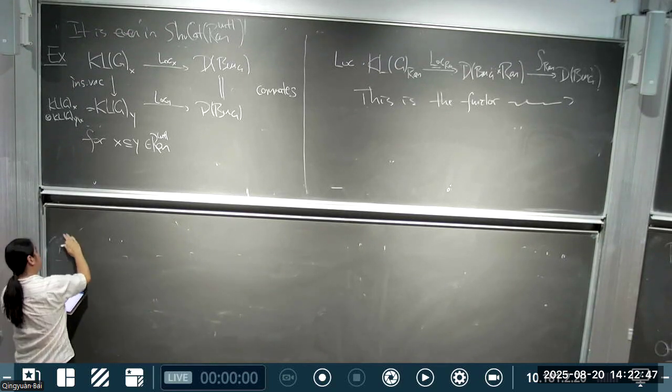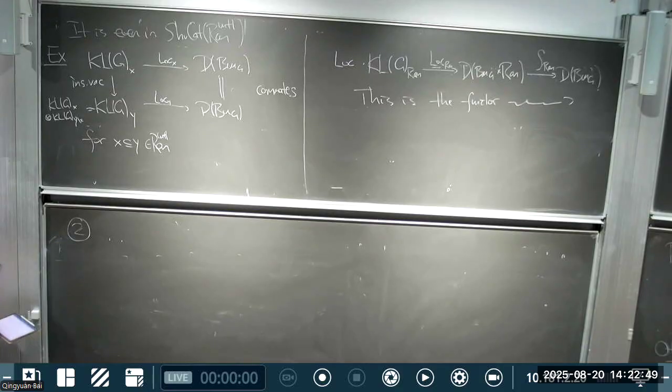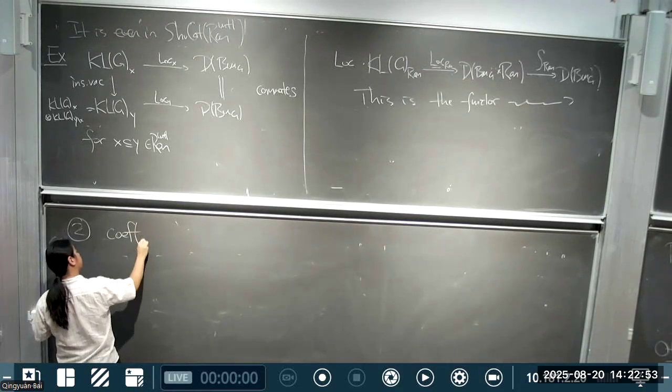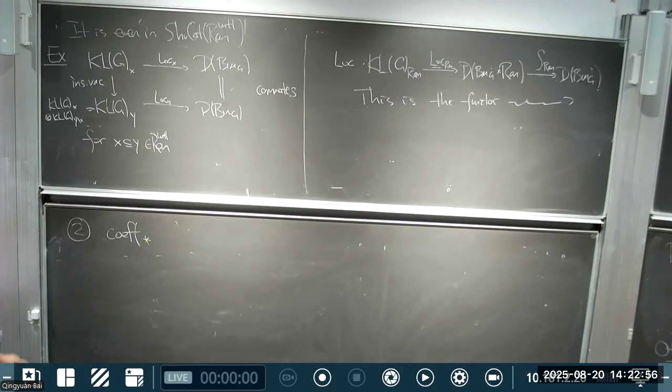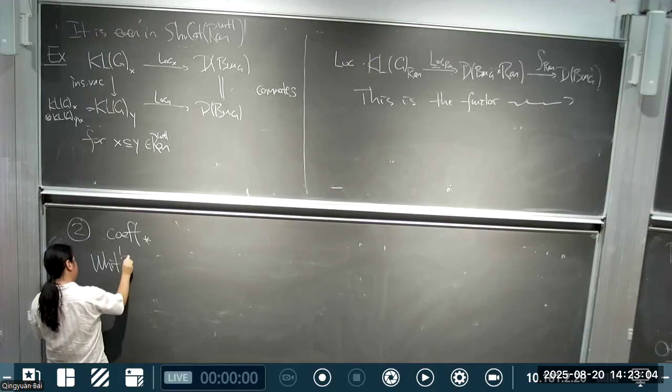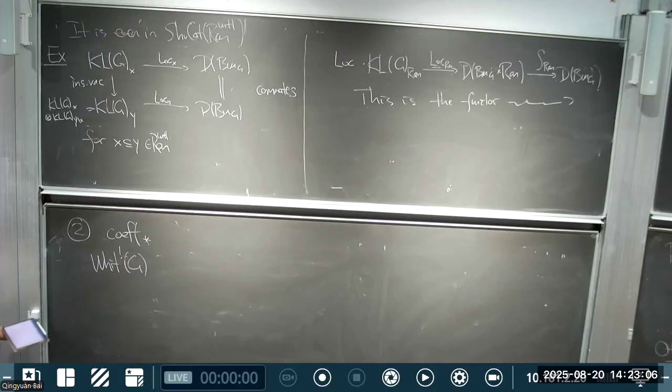Now let's come to the second recollection. I will remind you what this is for F lower shriek, and also that for F back. So let me first remind you what Whit from F is.